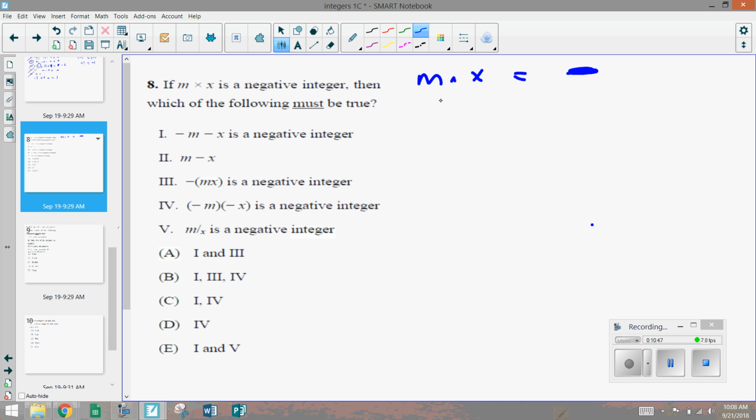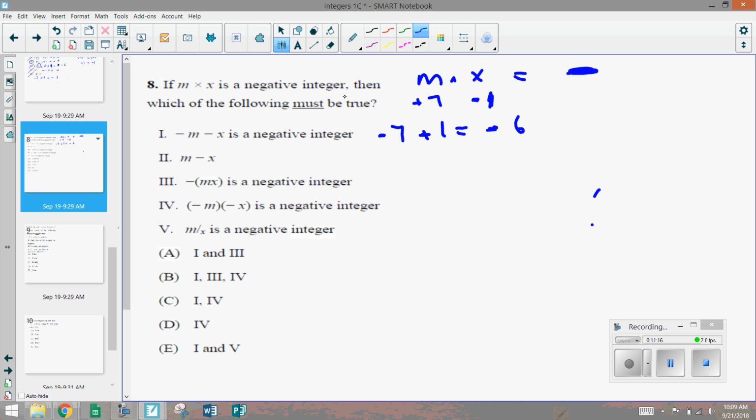All right. So let's say, should I give an example? It depends. Let me just make it clear for everyone. Let's say this is positive 7 and this is negative 1. Okay. Let me check. Negative m minus x, negative times negative is positive, that makes negative 6.